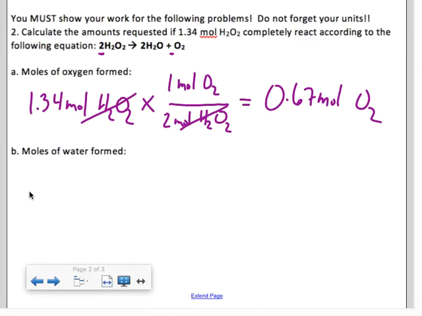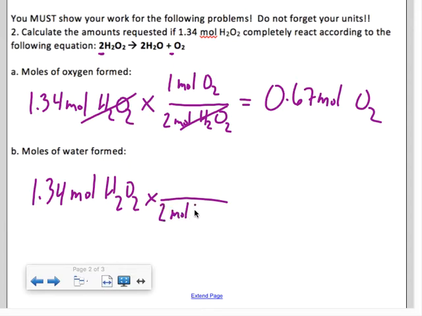All right, moles of water formed. So we're just going to use what we're given, in this case 1.34 moles of H2O2. Set up my conversion factor. I'm in H2O2, so that's going to go on the bottom. If I look at my chemical equation, it's a 2, so it's going to be 2 mole H2O2. What am I trying to get to? I'm trying to get to water.